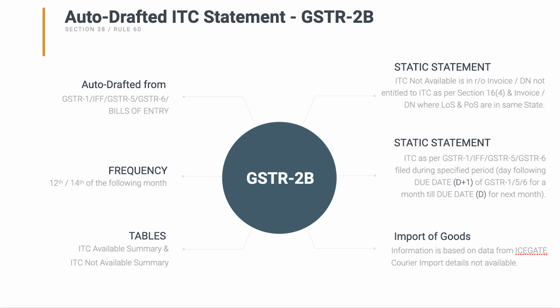ITC not available is in respect of invoices under 16(4), and where location of supplier and place of supply are in the same state. It's a static document, covering what is filed during a specified period. It only follows the date, that is from D+1 to D. Import of goods information is based on the IceGate portal.